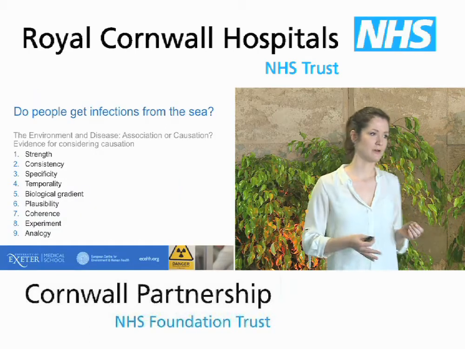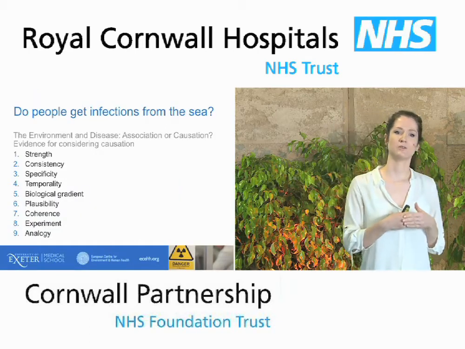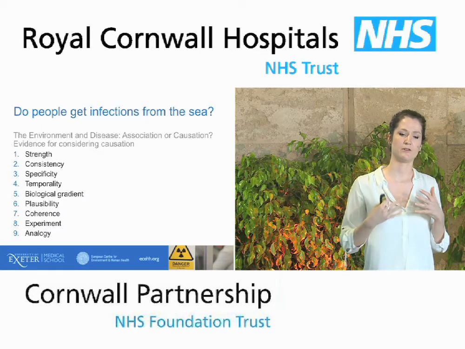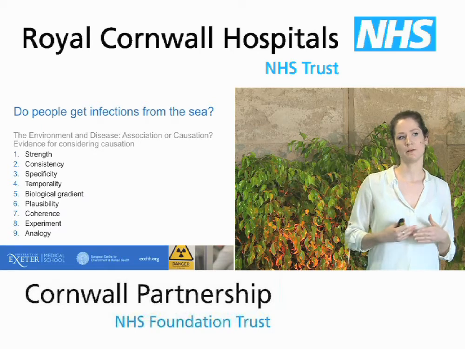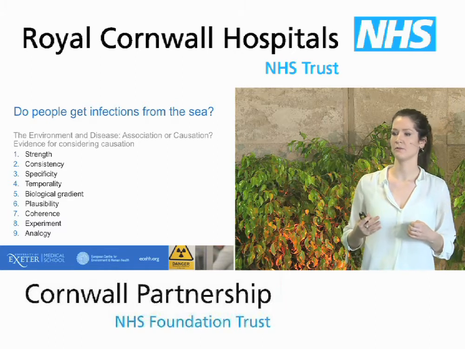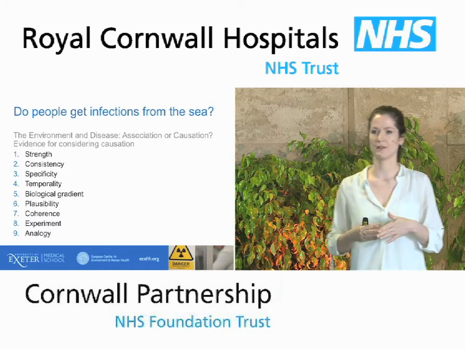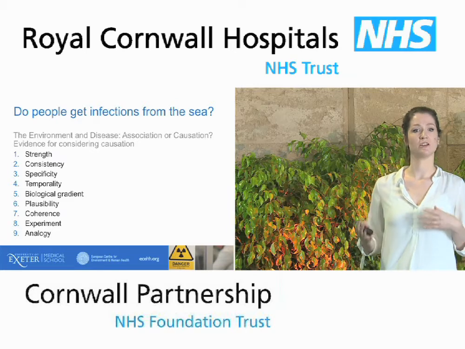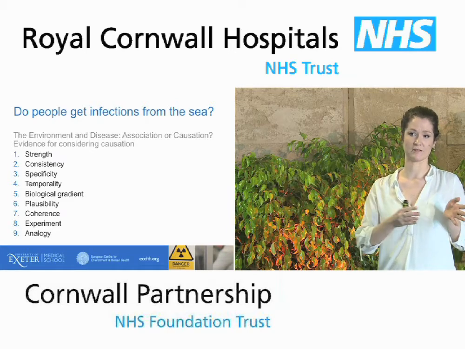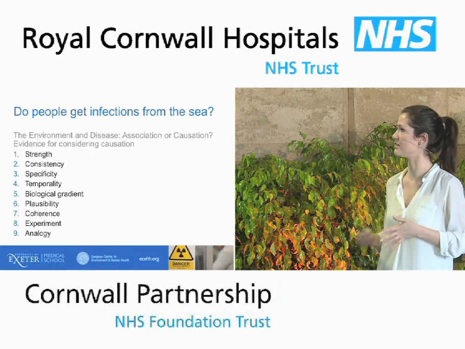So when I first started working on this topic, I think the first question I really posed was, how do we know that people get infections from the sea? And what we're really getting to at this point is, how can we demonstrate causation? Is it just association or is it actually causation?